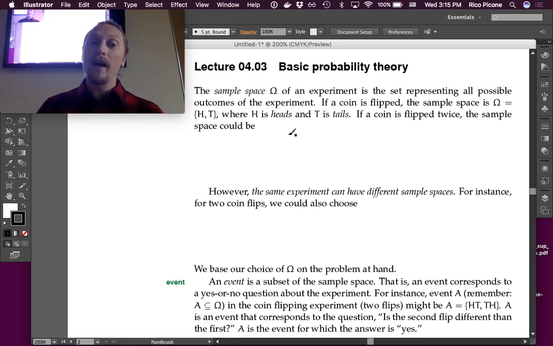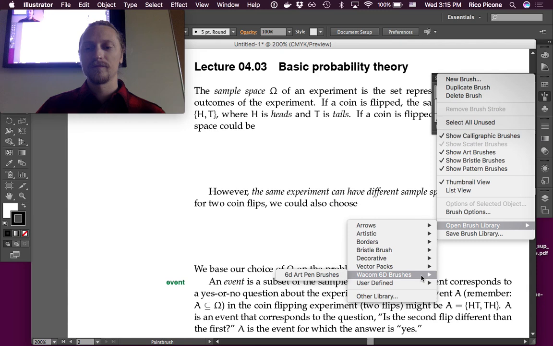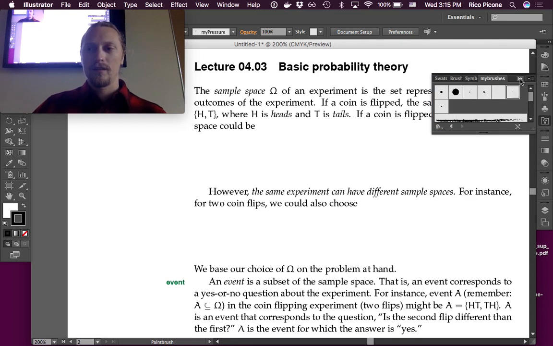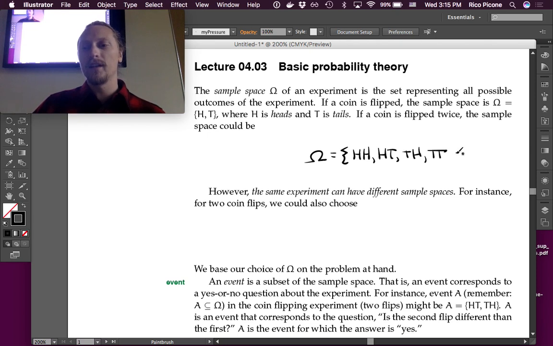If a coin is flipped twice, the sample space could be the set containing the outcomes heads and heads, heads and tails, tails and heads, or, you guessed it, tails and tails.